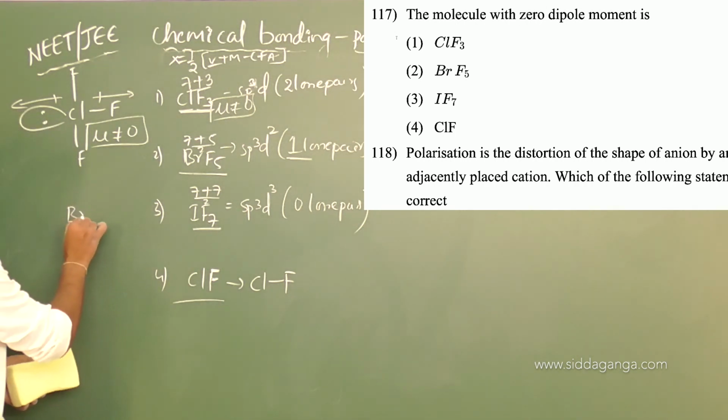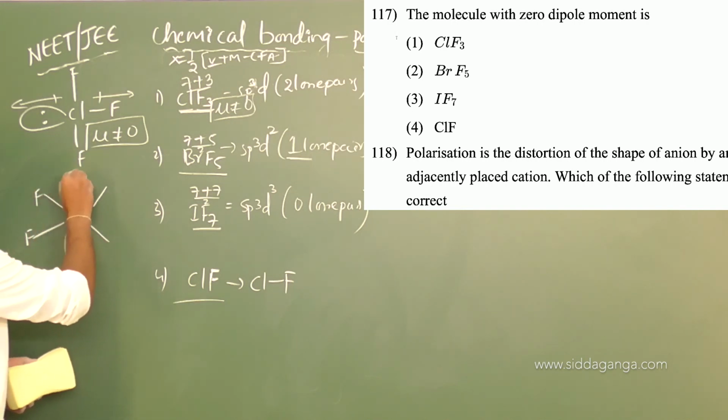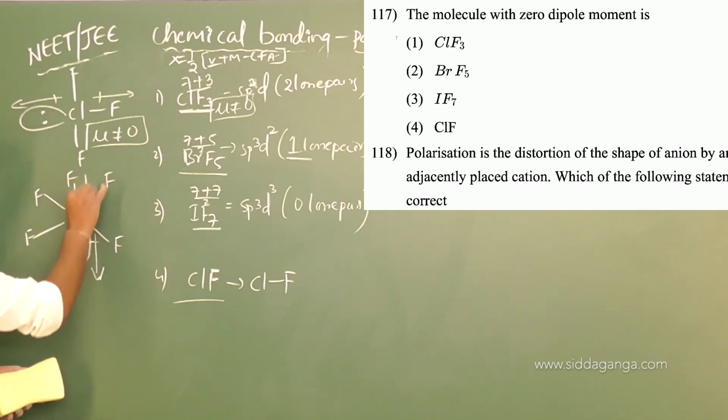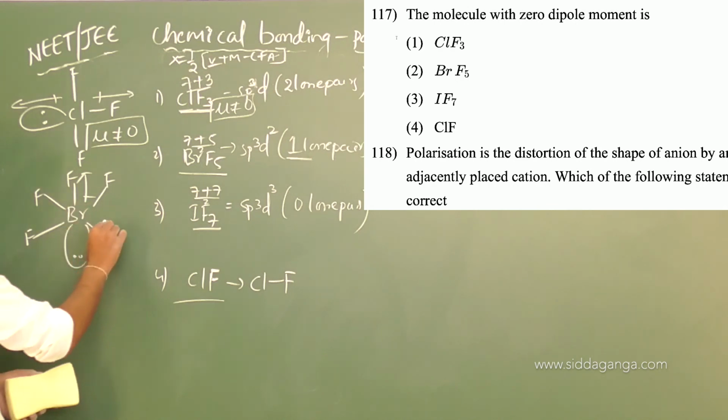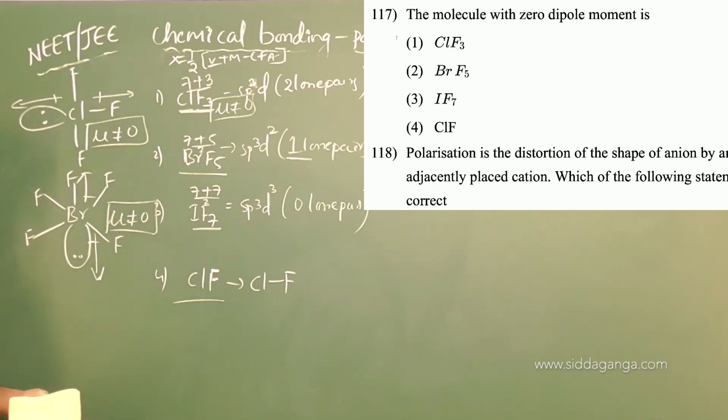So BrF5, this is the structure where the bond dipoles and lone pair do not cancel with each other, since the value is also not equal to 0. The dipole moment of this molecule is also not 0.